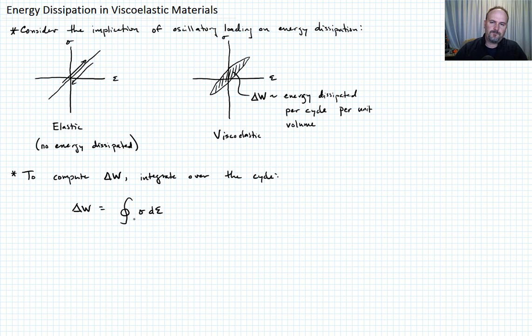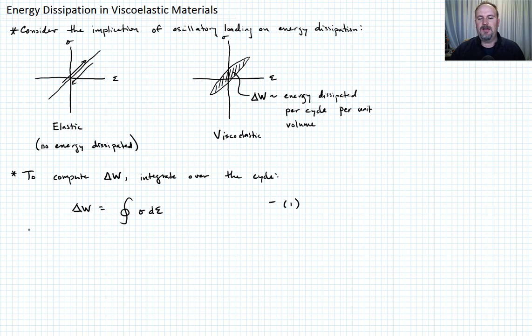What you'll find is that if we cut the cycle in half, this quantity won't necessarily be zero, but if we follow the whole cycle, whatever goes up has to come back down, and in aggregate it will sum to zero in the elastic case, but it's not going to in the viscoelastic case. Let's call that equation 1.